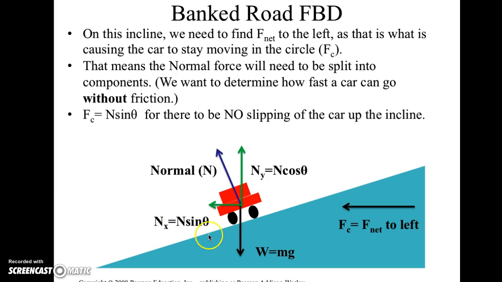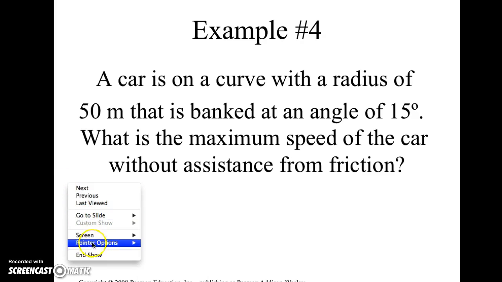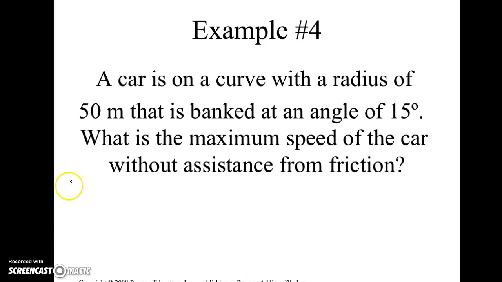So notice that you've got n sine of the angle is going to equal this centripetal force, and you've got n cosine equal to the weight, or mg. So for this particular type of problem, we're going to set those two equations equal. So let's just go with green.